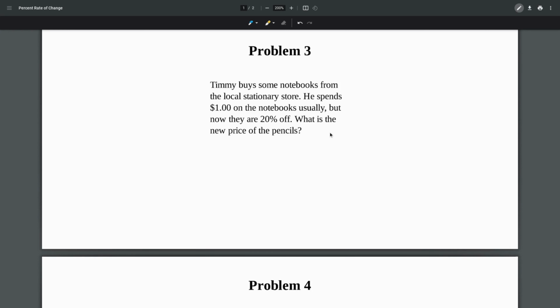So if it's 20% off, well, we'll have the 100%, and then we'll discount it 20%, and we'll get 80%. We want to multiply this 80% by the $1 here, and we want to do 80% as a decimal.